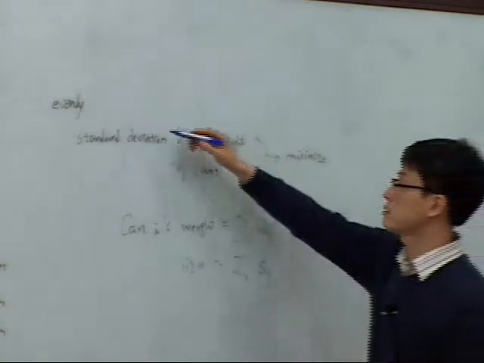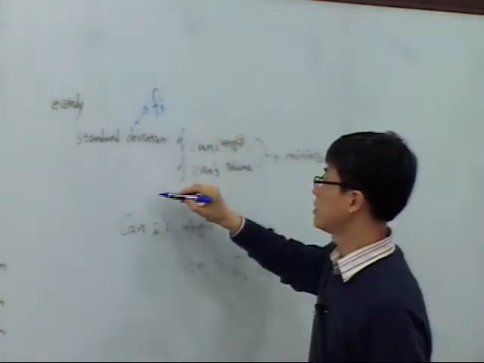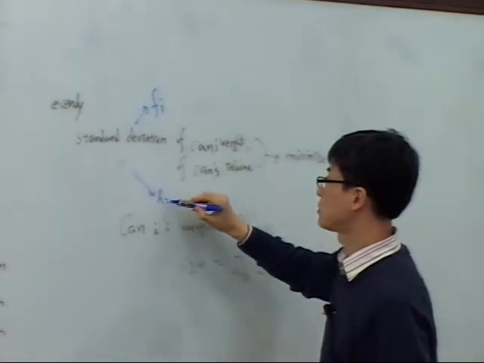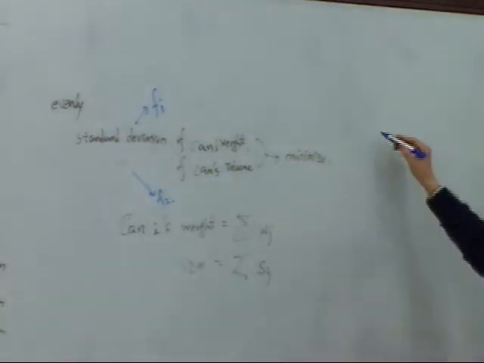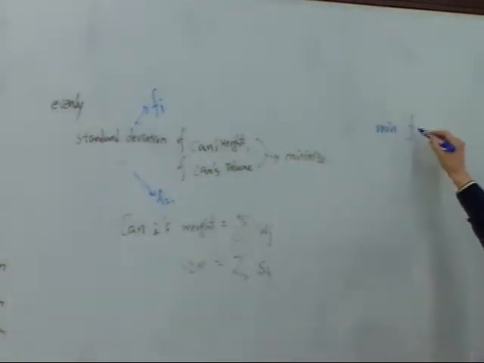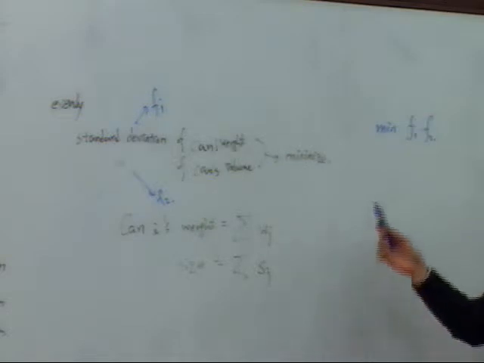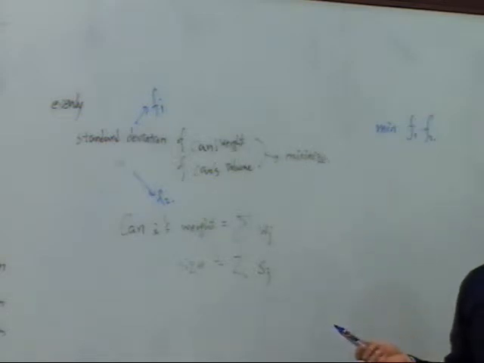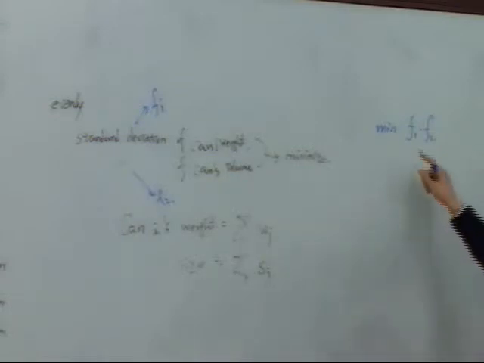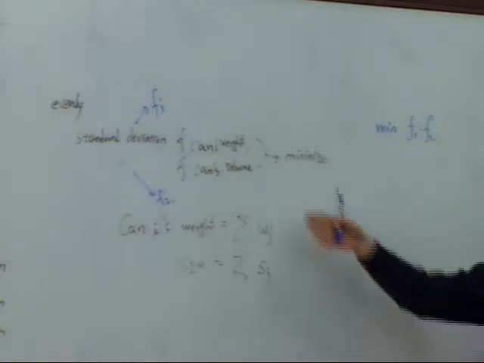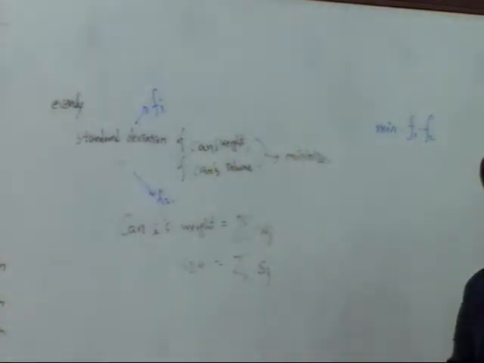Let's say this is F1 and this is F2. Then we can just minimize F1 times F2, because we know that F1 is a non-negative value, and F2 is also a non-negative value. And if we minimize these two, we are minimizing these two, right?